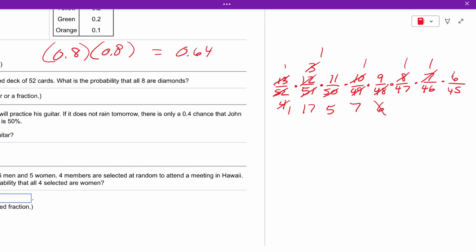And then we cancel the 6 with a 6. 11 doesn't go into any of these.